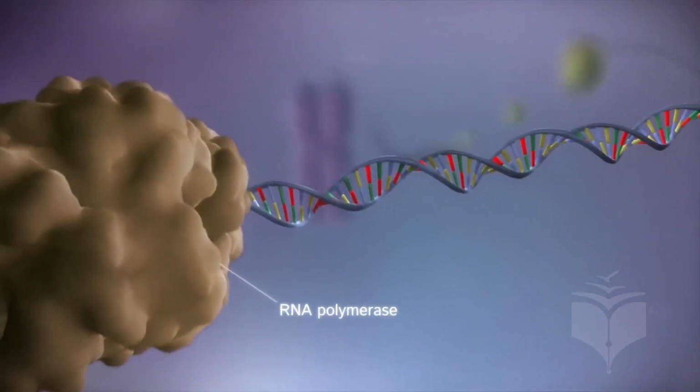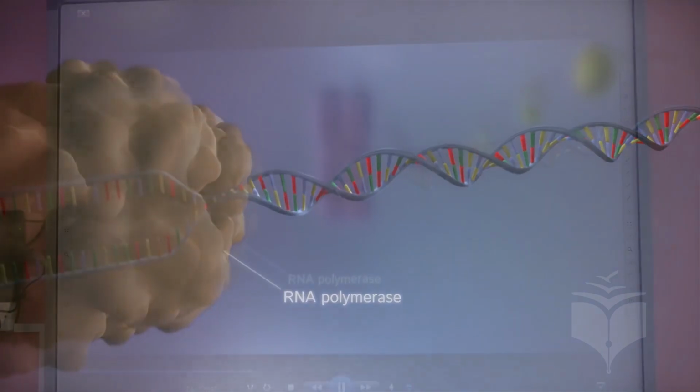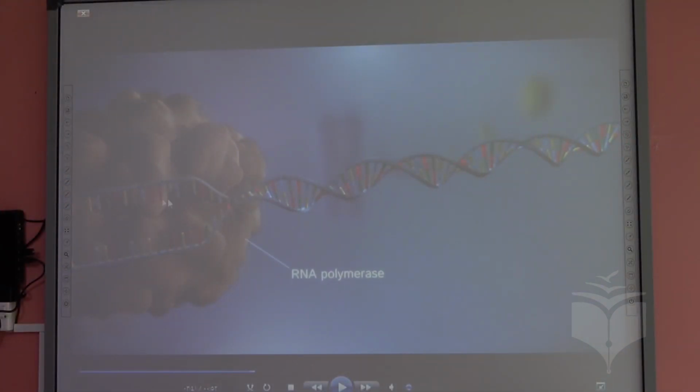The first step is to separate the two helixes away from each other. Who can remember which kind of enzyme separates the helixes away from each other? Good job, it is the helicase. Now, after we separate the two helixes away from each other, we need to build RNA.